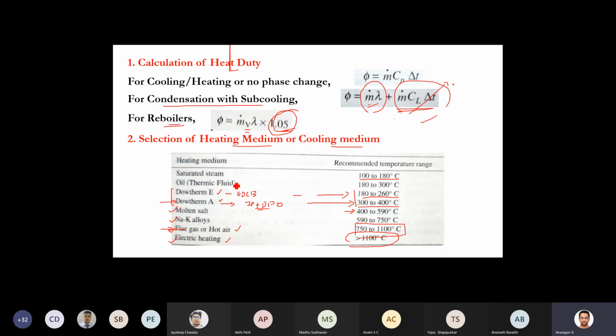Anyway, when we discuss the design of condensers, I will briefly summarize the things that you have studied in heat transfer so that it will be easy for you. Okay, but we will not use superheated steam. Saturated steam you can use. Superheated steam means normally what will happen?